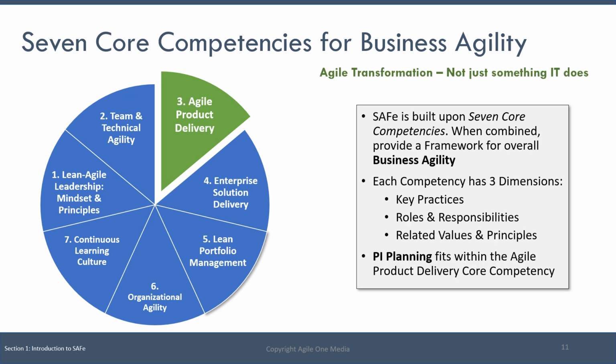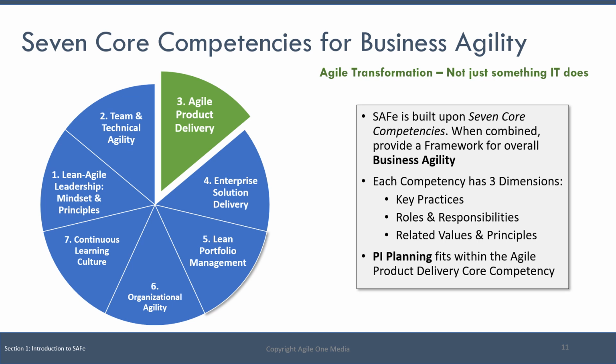So now let's look at the set of 7 core competencies that make up the SAFe framework. Since the release of SAFe 5.0, the framework has been restructured around 7 core competencies. These core competencies collectively constitute a framework for achieving the broader goal of business agility and not just for scaling software development.